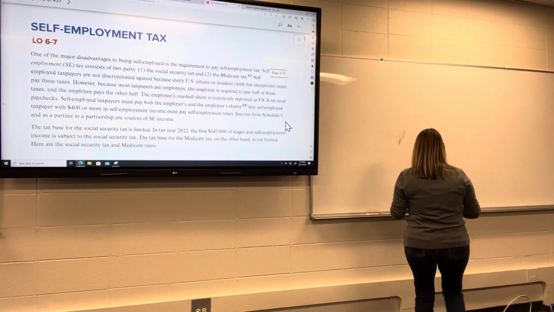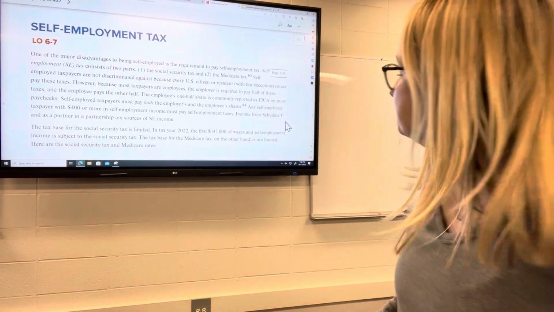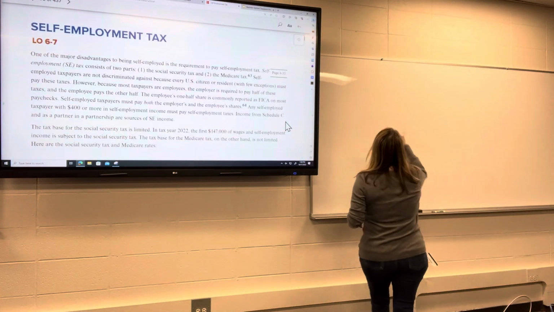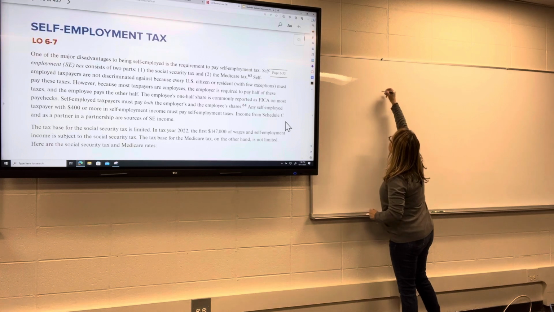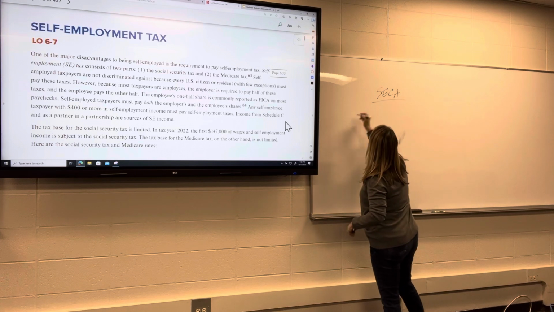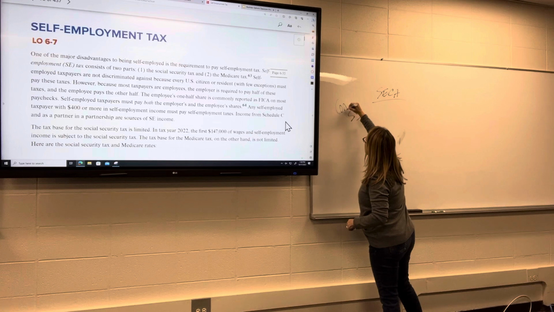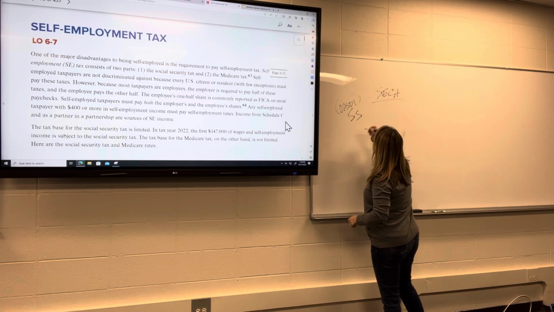So if you recall, there it is. So for self-employment, SECA, remember that? Self-Employed Contributions Act. We have Social Security, or OASDI, and we have Medicare.